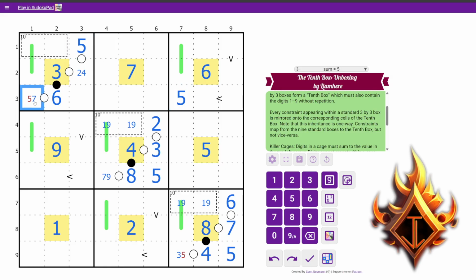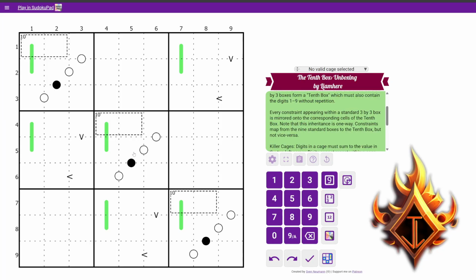It won't be in a tin box either. That becomes 3. Oh no. Gooped again.